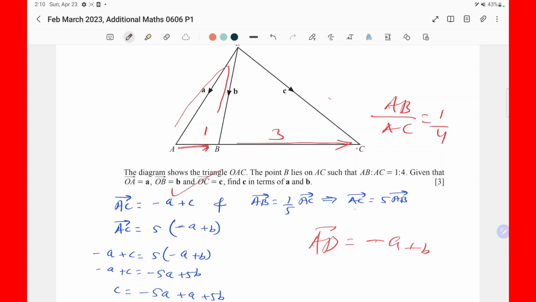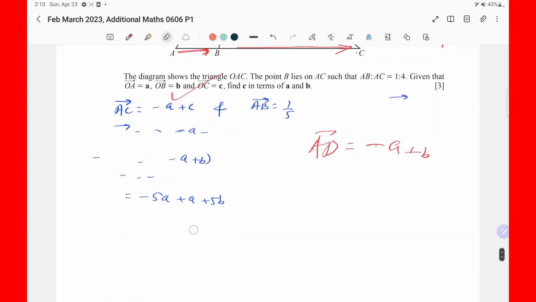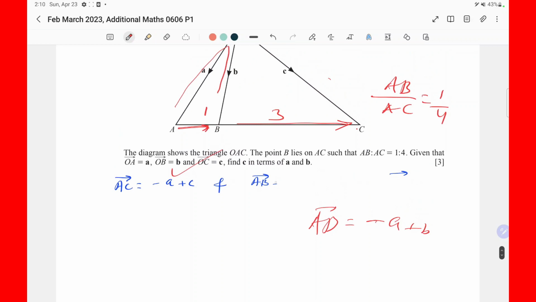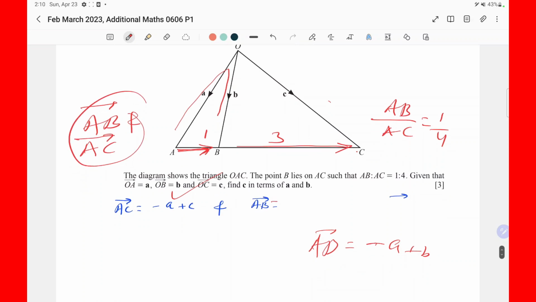Let's erase everything. Now AB and AC both lie on the same line, right?